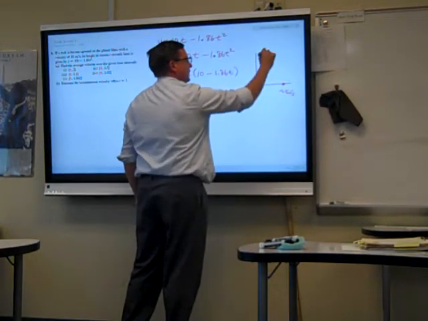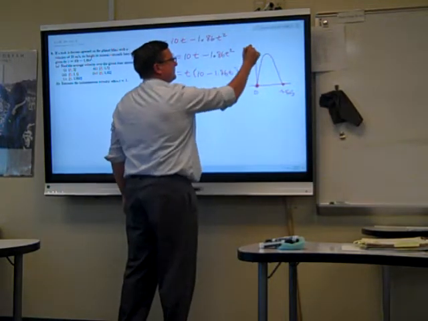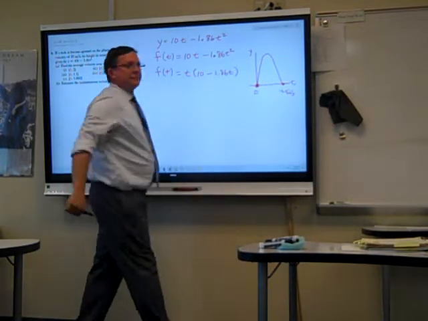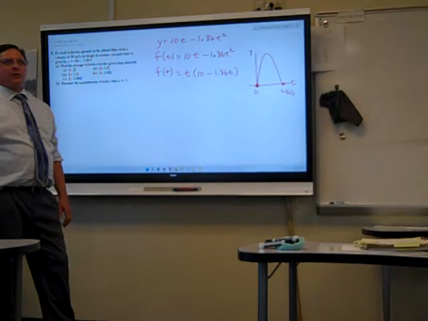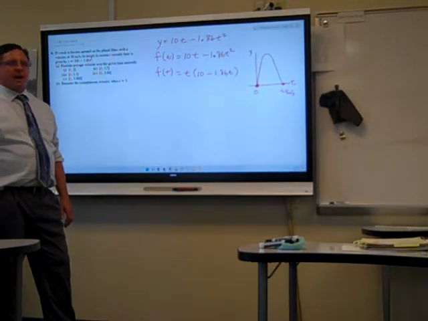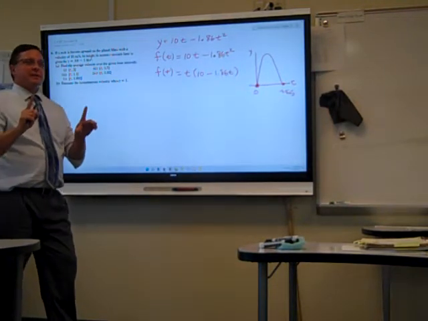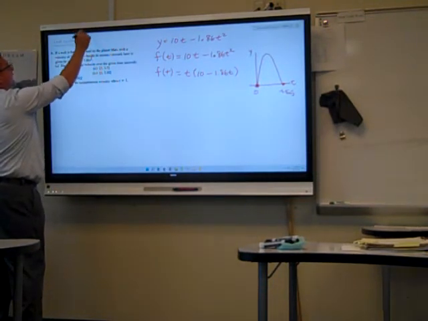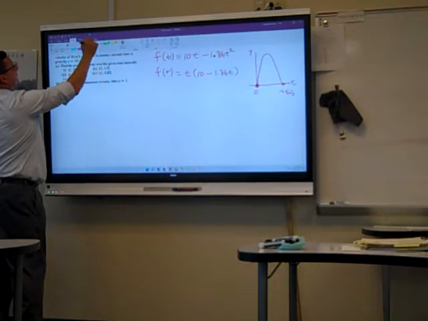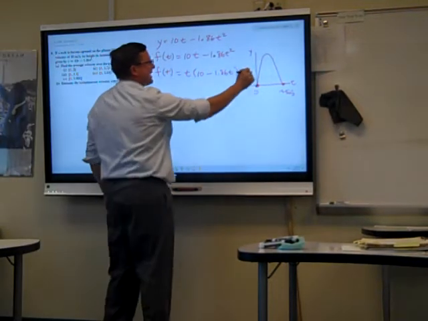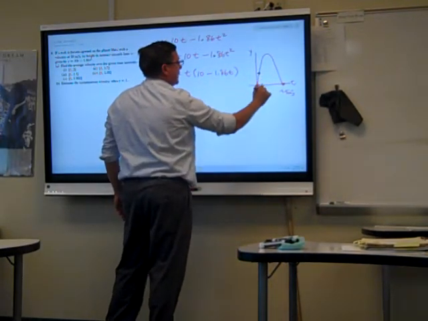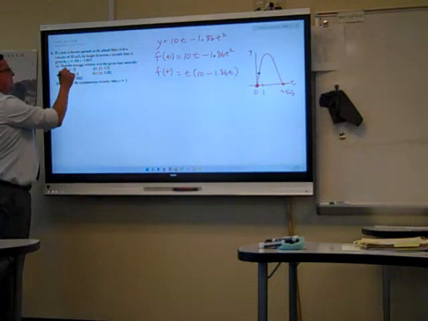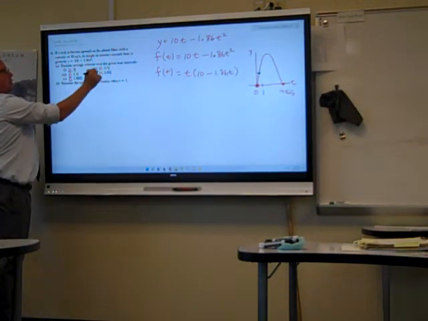So this graph's going to look like this. There's our rock. I don't know where the vertex is, right? I'd have to solve it to figure it out. I don't need it. But I want to be clear, we want to be able to picture what's happening here. I am very positive at time 1, because 1 is in all these. Do you guys see 1 is in all the intervals?